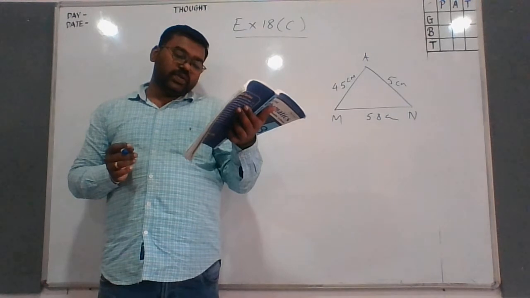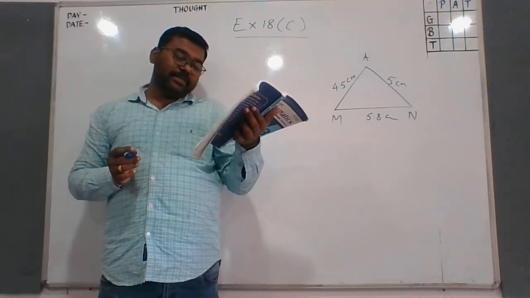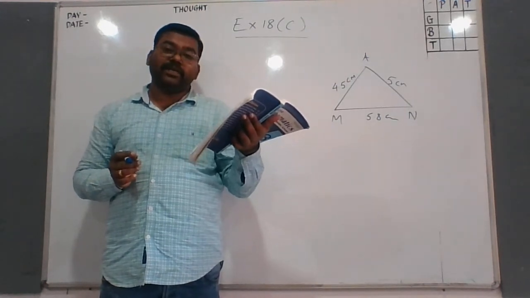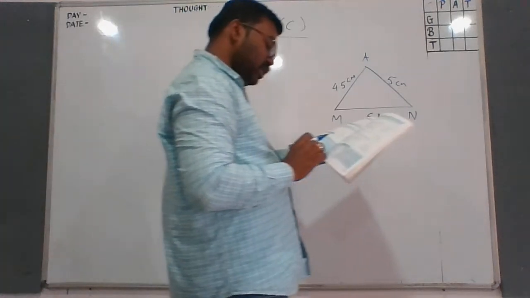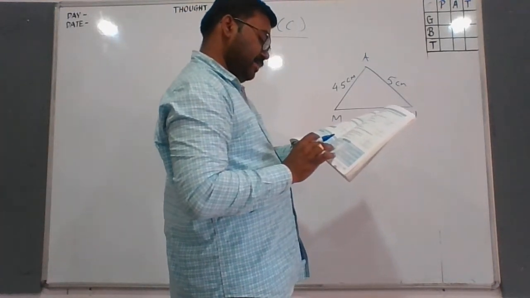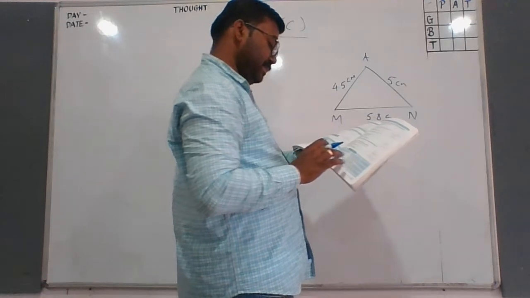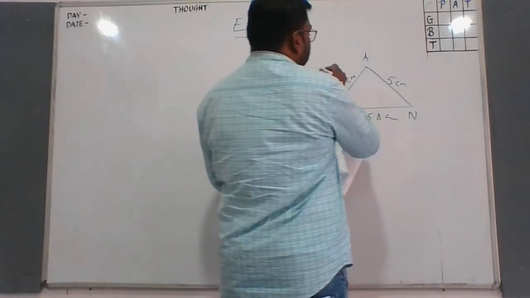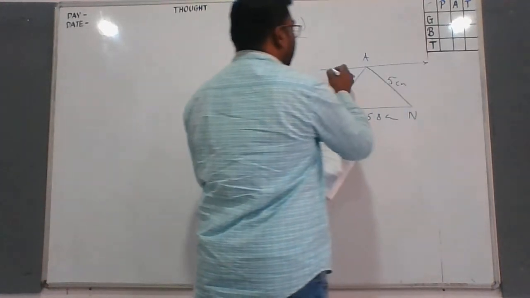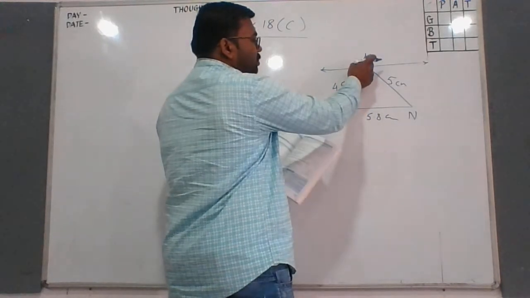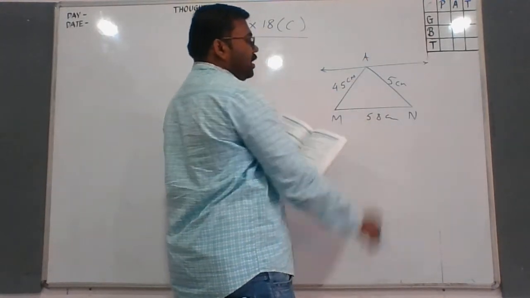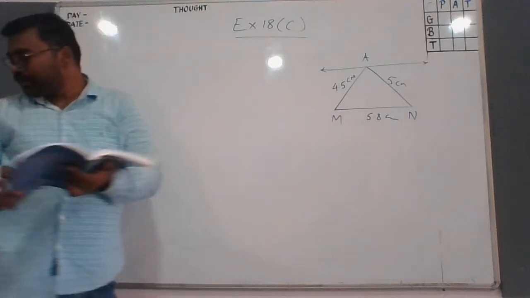Also, draw a line parallel to the line MN passing through the point A. Okay? Means like this. This is the parallel line that we have to draw, which passes through the point A and is parallel to the MN. Okay?